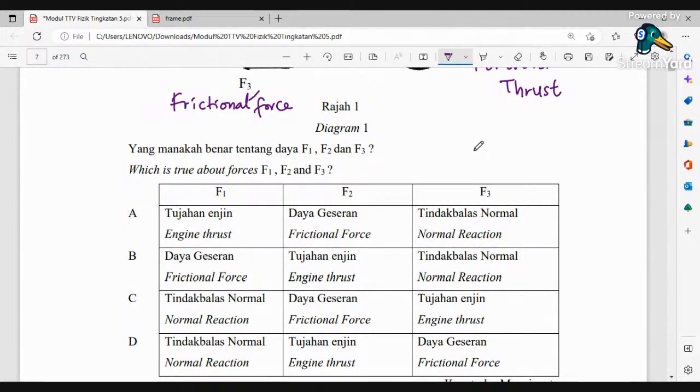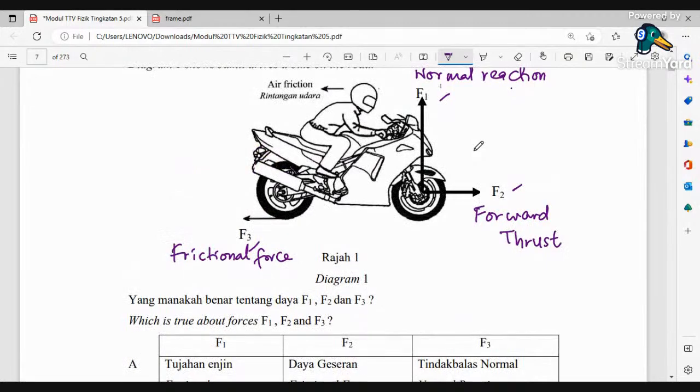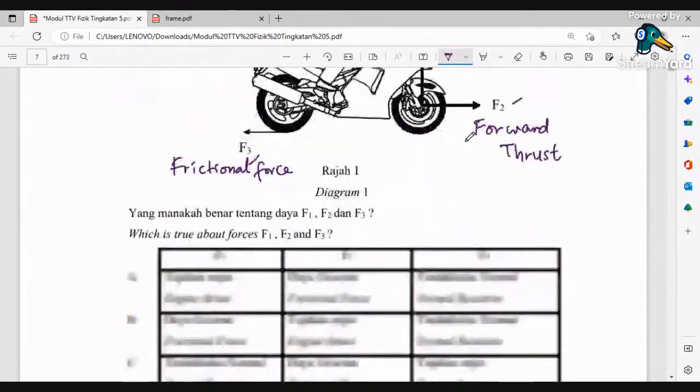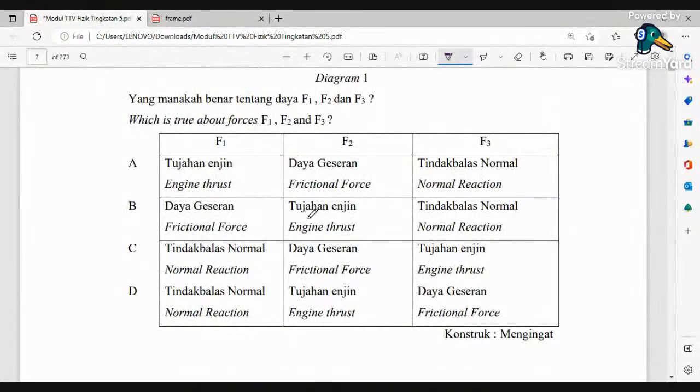So you look at which one is the correct one. F1 is normal reaction, F2 is forward thrust. So this one is already wrong.